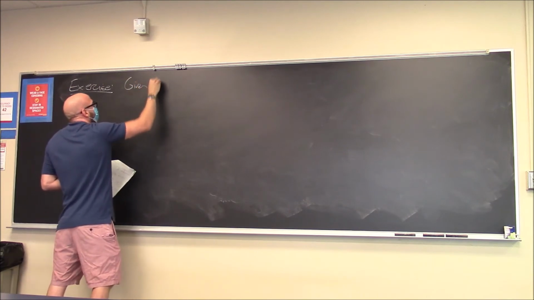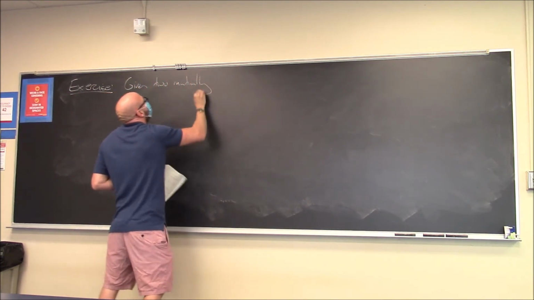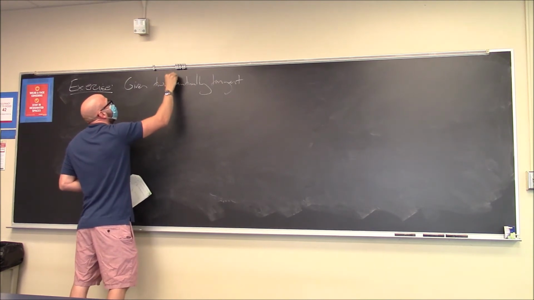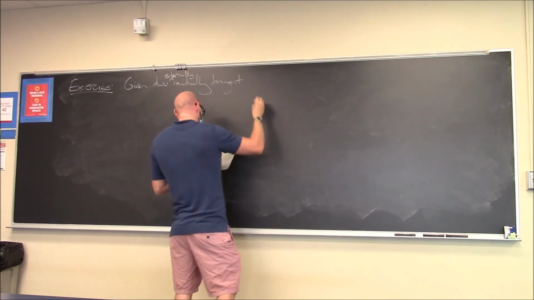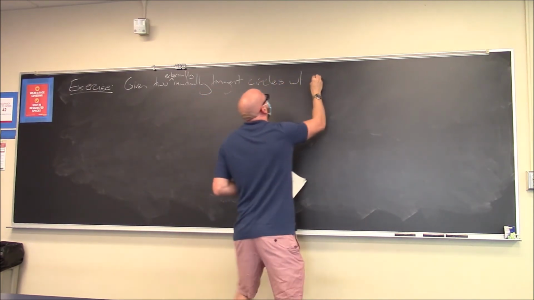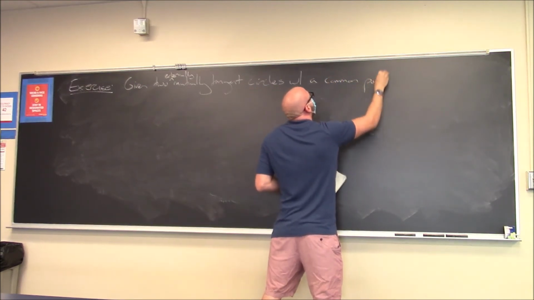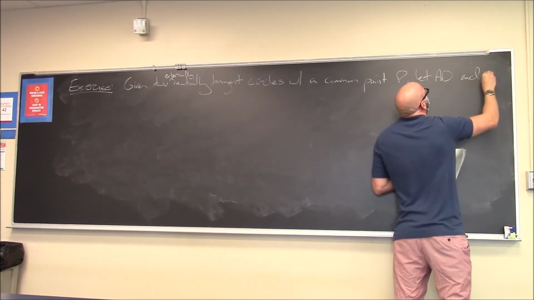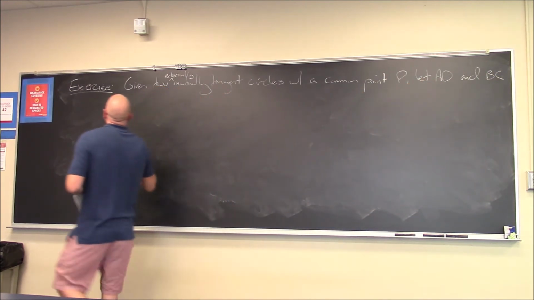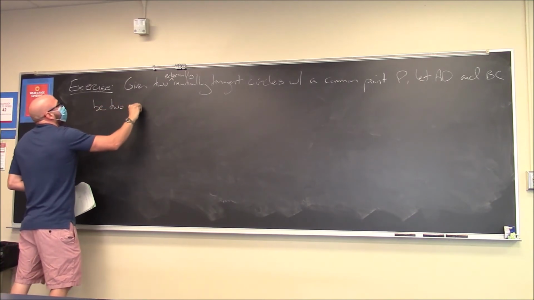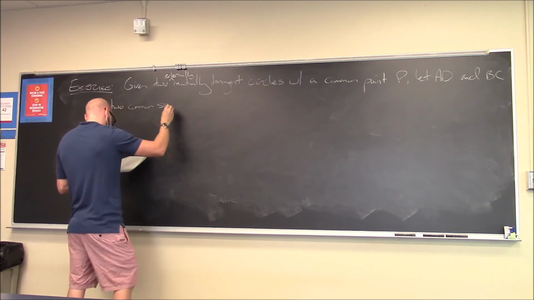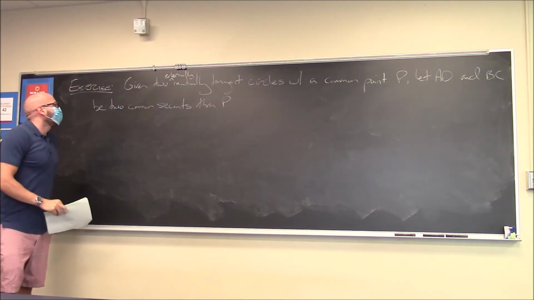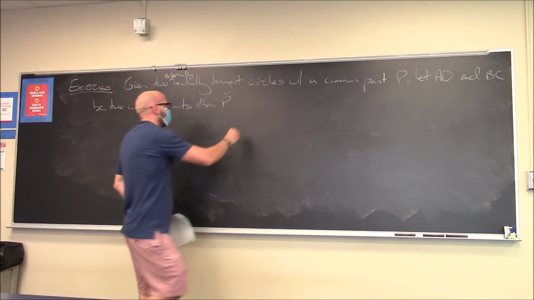And the exercise is the following. Given two externally mutually tangent circles with a common point P, let AD and BC be two common secants passing through the point P, and I don't want to describe exactly how this works, so I'm just going to say as shown and then show you a picture of exactly what we have going on here.